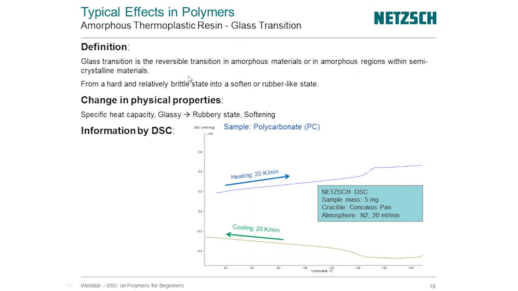At that point, we're going from a hard or relatively brittle state into a softer or more rubbery state. The change in physical properties is a change in specific heat capacity, going from a glassy to a rubbery state. It's like a softening point.